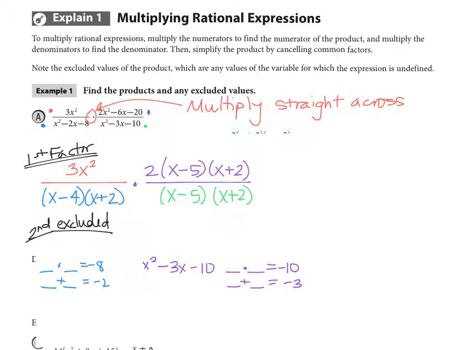We just honestly have to list them. So I've got x cannot equal, I'm just reading across. 4, remember it's in parentheses, so I got to think opposite. So 4, negative 2, positive 5. Since negative 2 is happening a second time, I don't need to list it. So 4, negative 2, and positive 5. Those are my excluded values.